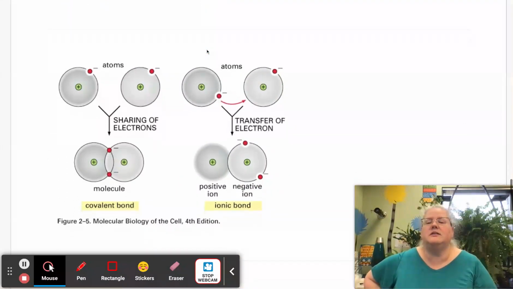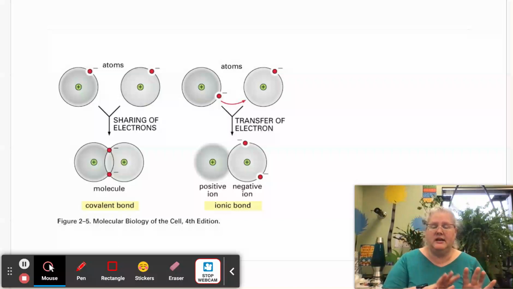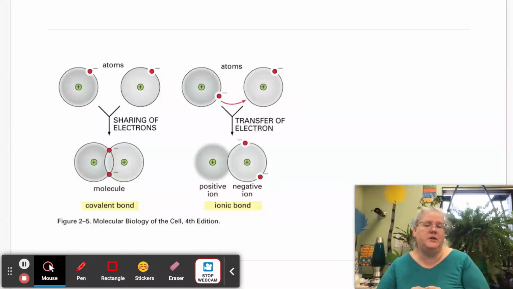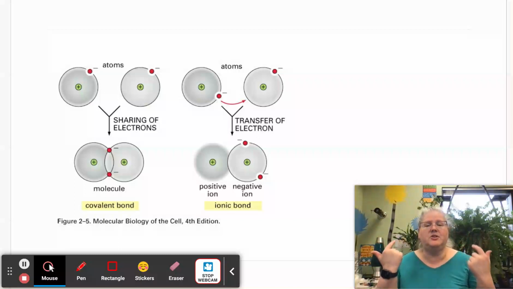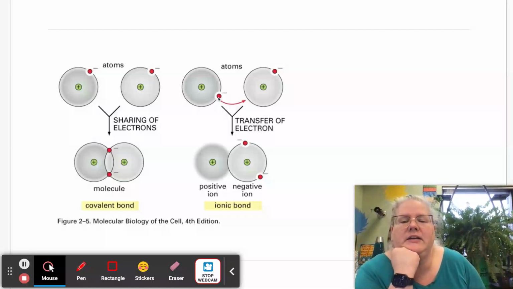So let's take a look at this. Think this through. Take a look at these pictures and see why we're looking at covalent versus ionic. So now we're going back into looking at ionic. What's the difference between the two when you look at this diagram? What are you seeing and noticing? What should be coming to your head at this point? Well, if you said, okay, look, I've got an arrow showing that this electron went over here.